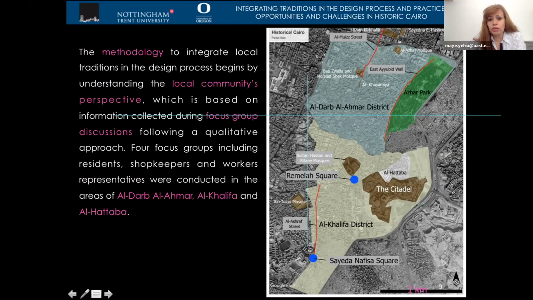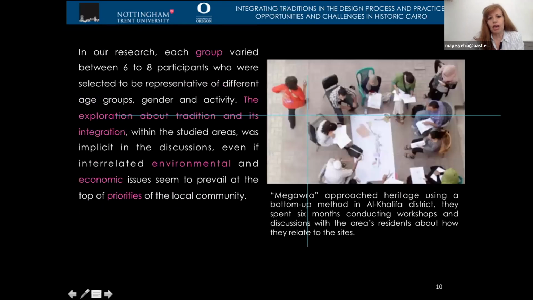The methodology to integrate local traditions in the design process begins by understanding the local community's perspective, which is based on information collected during focus group discussions following a qualitative approach. 4 focus groups, including residents, shopkeepers, and workers' representatives, were conducted in the area of Al-Darb al-Ahmar, Al-Khalifa, and Al-Hattaba.